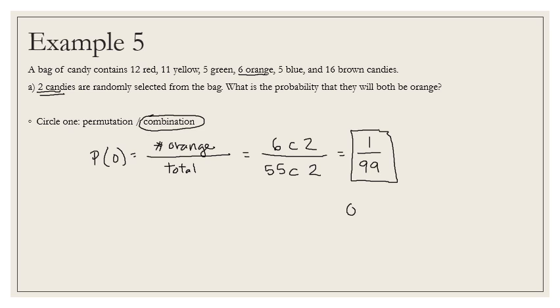The decimal for this was 0.01 repeating, so if you move this over, it's also 1%, close enough. You'll see in the real world probabilities expressed either as fractions or as percents.